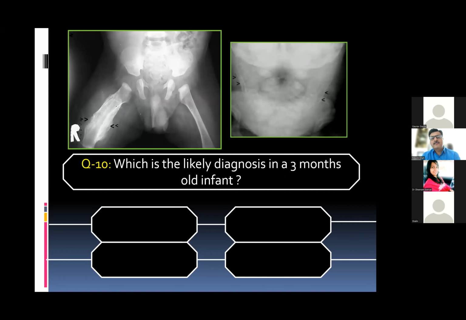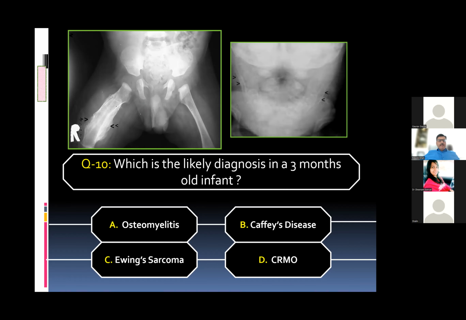Next question, which is the likely diagnosis in a 3-month-old infant on the basis of these X-rays? First is osteomyelitis, Caffey's disease, Ewing's sarcoma, and CRMO, that is multifocal osteomyelitis.